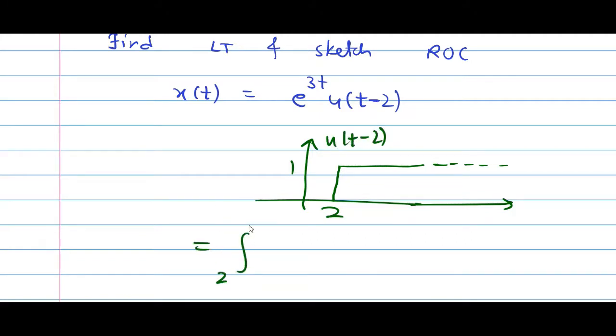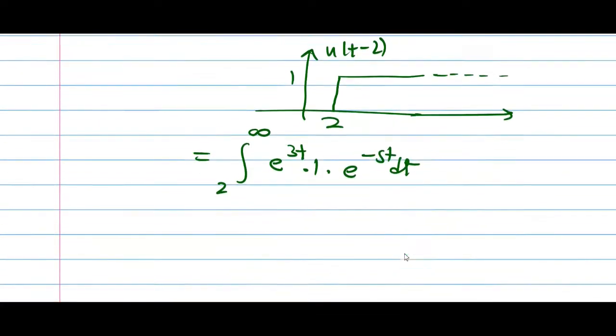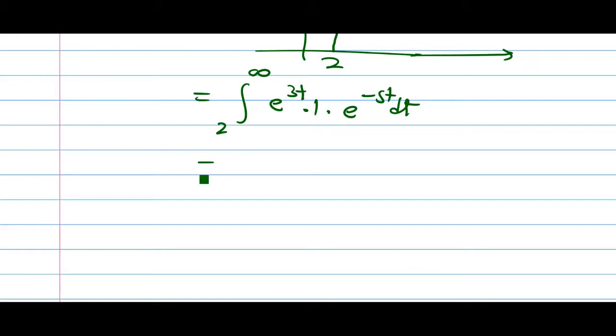So integration limits 2 to infinity. Then e raised to 3t u of t minus 2 has amplitude 1 into e raised to minus st dt. So it becomes e raised to 3t minus st into dt.